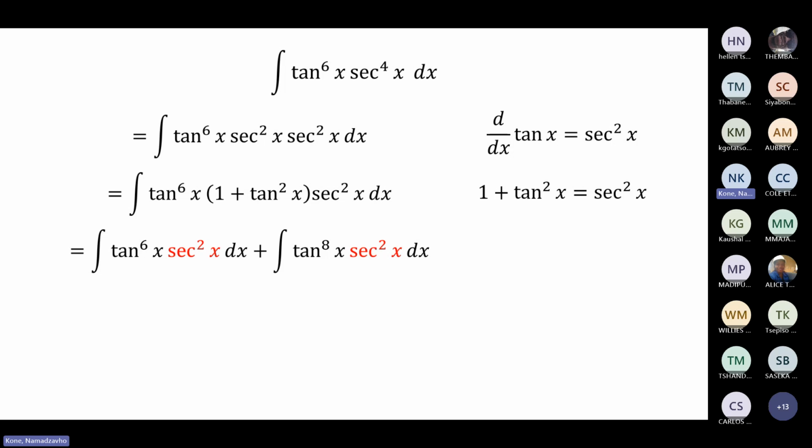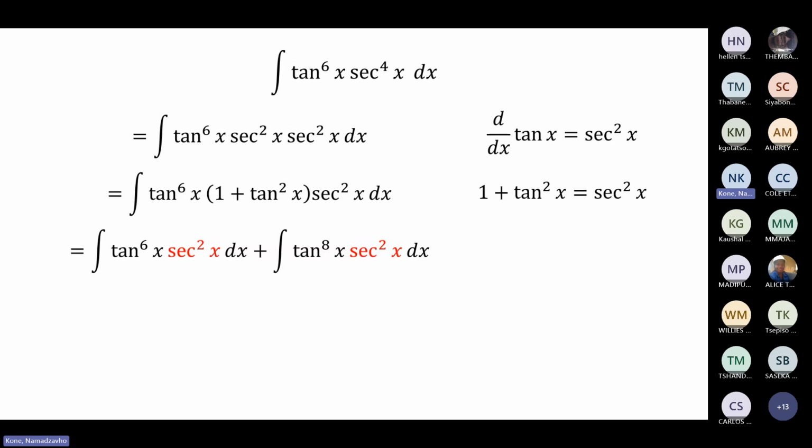Our f of x in this case of the first term is tan x, and our exponent n is 6. Yes. And the derivative of tan x is sec squared, which is in red. The same applies to the second integral. Our f of x is tan of x raised to the power n, which is 8 in this case. And the derivative of tan x is the one in red, which is sec squared.